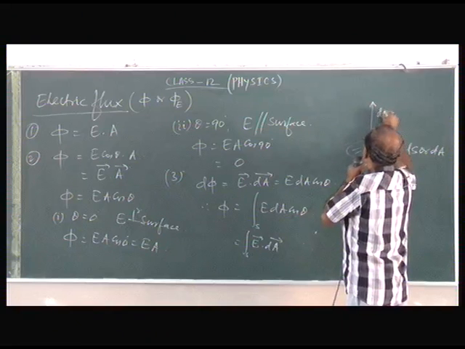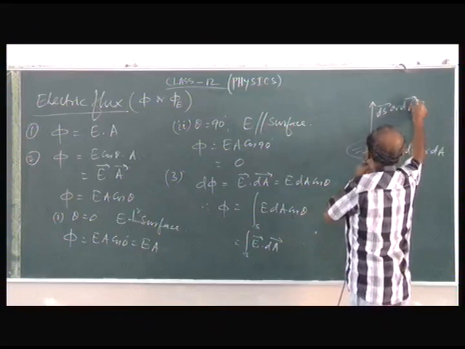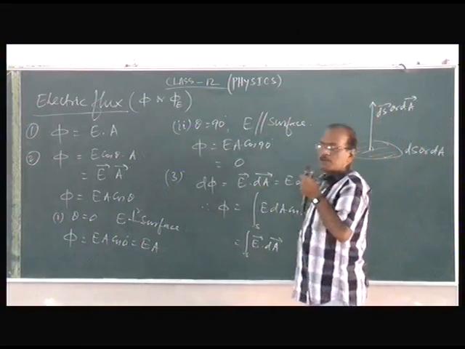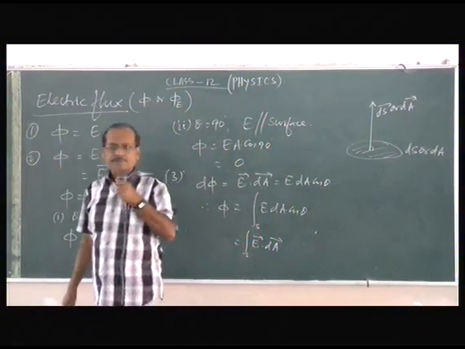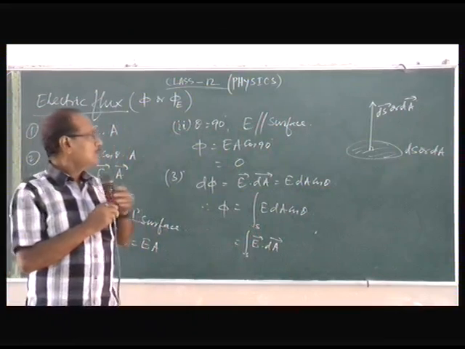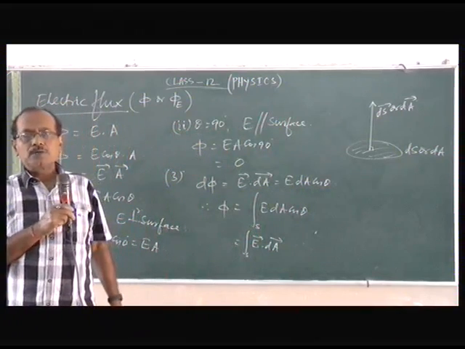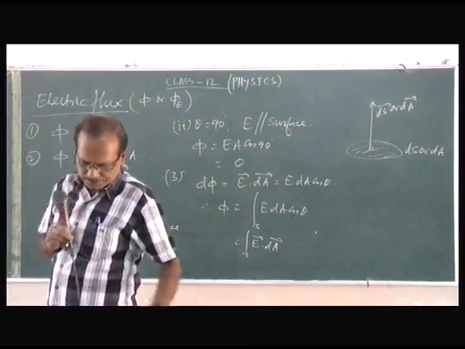This is ds vector or dA vector. The length of the line drawn to the surface will give the magnitude of area. So always the area vector is shown normal to the surface, outward normal to the surface.